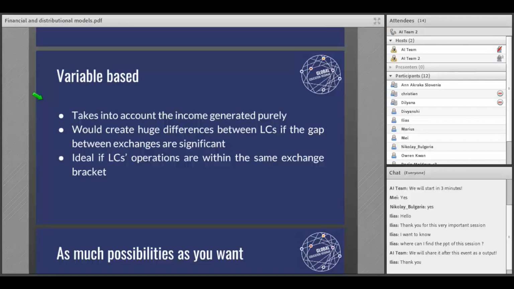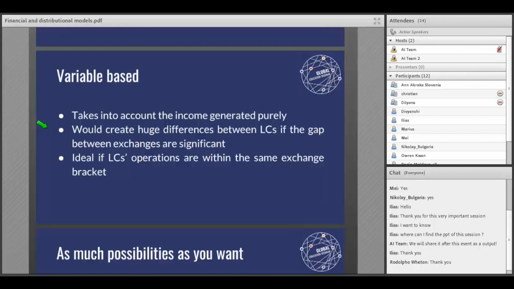Now, variable based is where you take into account income generated purely. Most of the time it is usually just exchanges and just a very small amount to other variable drivers, usually members. This would create huge differences between LCs if the gap between exchanges is significant.